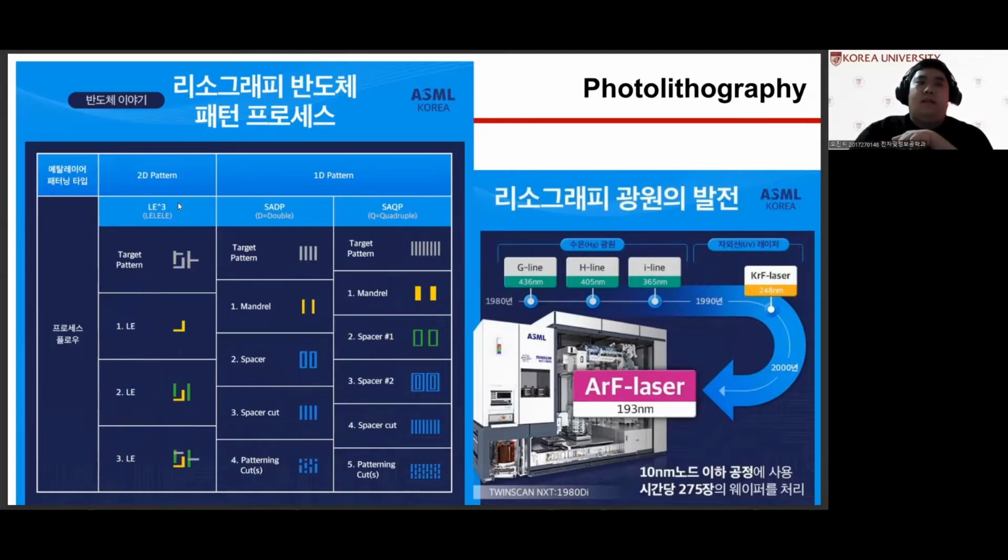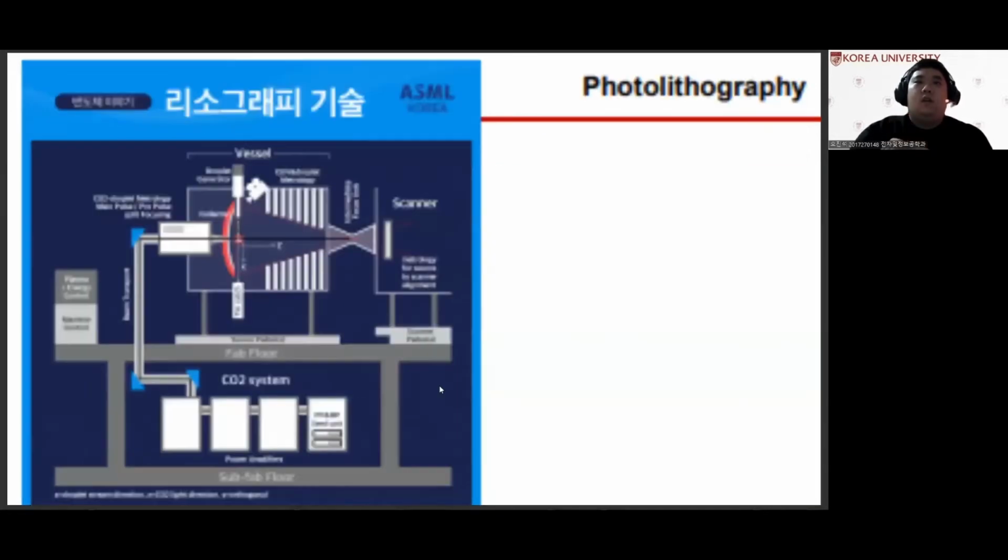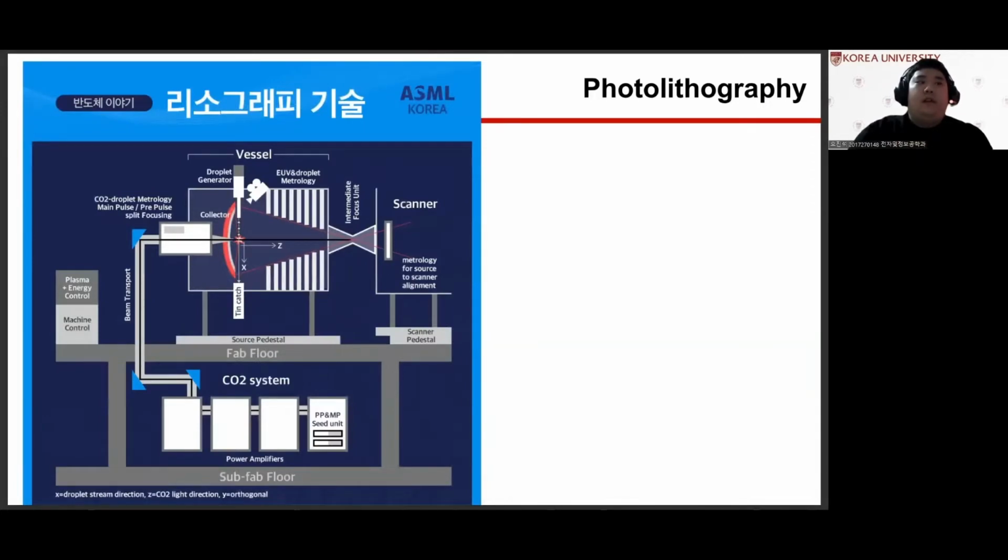However, these litho-etch processes or self-aligned processes usually make the baking, they tend to make the cost even more expensive. So, that is why EUV processes are currently used in modern devices.